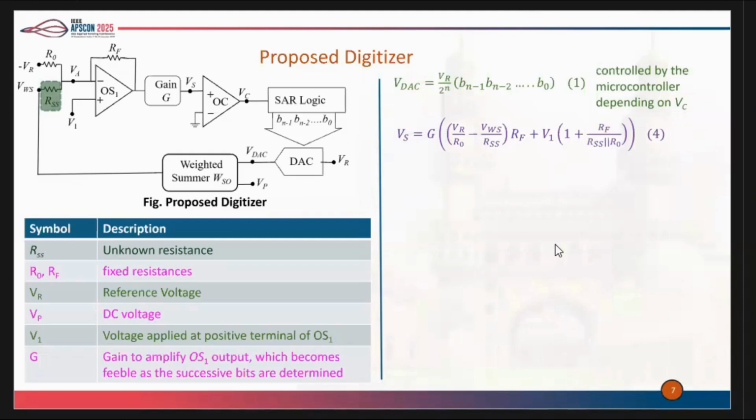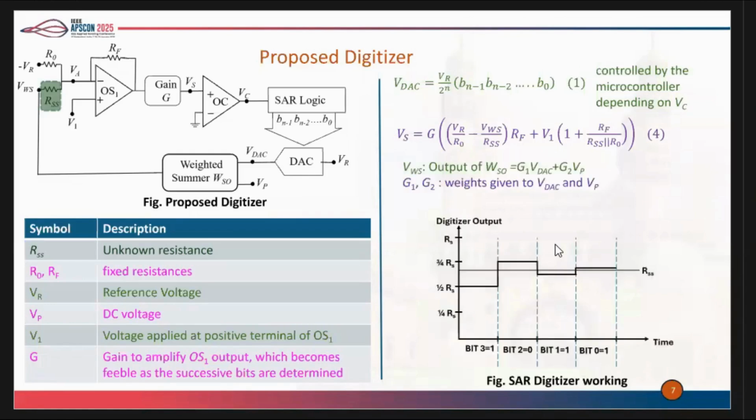This voltage is combined with a constant voltage Vp through a weighted summer, and then this passes through the unknown resistance, and we combine this VWS with the negative reference voltage VR, add it, pass it through a gain amplifier, and further we pass the resulting signal through a comparator or a zero crossing detector.